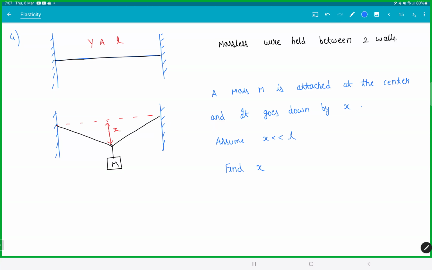When someone says X is much, much lesser than L, you can use the binomial approximation. Gravity is there. Is the question clear?